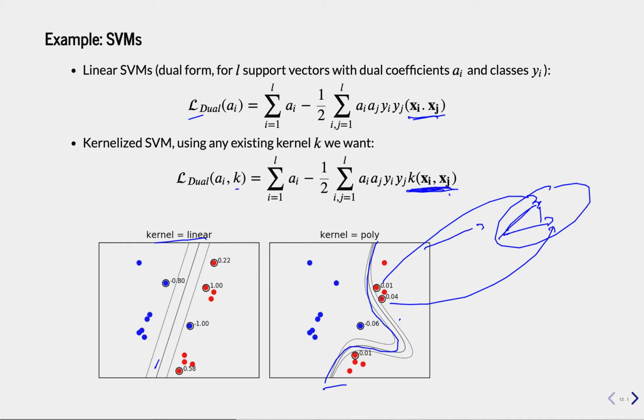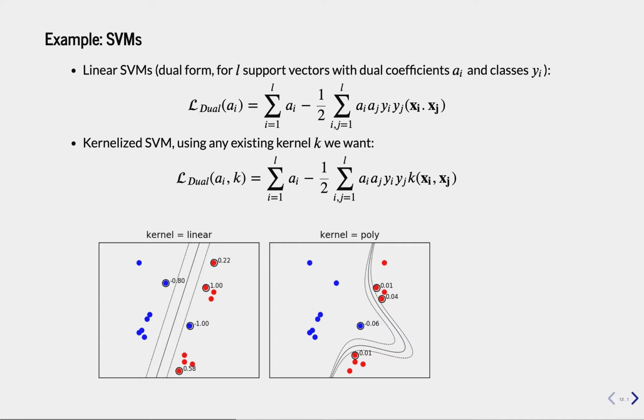And that will mean that the similarities between the points change, which will then also change our predictions. And then we end up with these curved decision boundaries. So that's pretty cool. We have done almost nothing. We've just replaced our dot product by a kernel, which is a very simple operation, and we can learn now very complex decision boundaries.